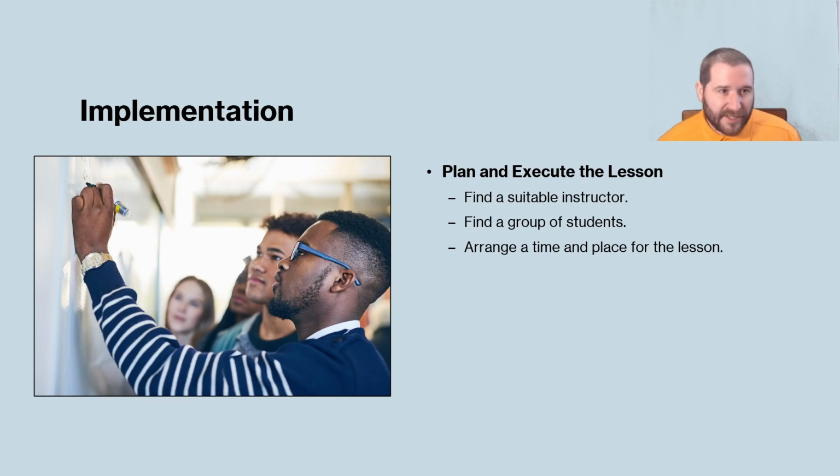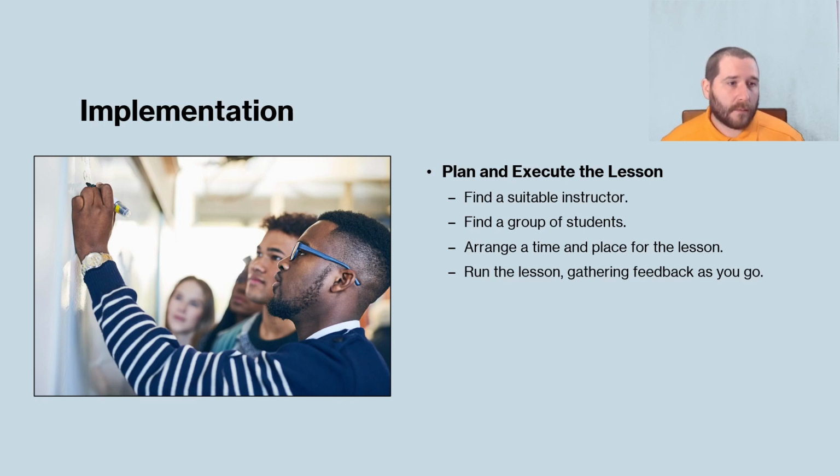So the implementation phase can either be you're implementing a prototype or a sample lesson, or you're implementing the real thing. But either way, as we're implementing that lesson, we want to be collecting feedback as we go, right? We want to collect that formative feedback during the lesson, and we want to collect that summative feedback at the end of the lesson to see how we're doing, to see what changes need to be made.